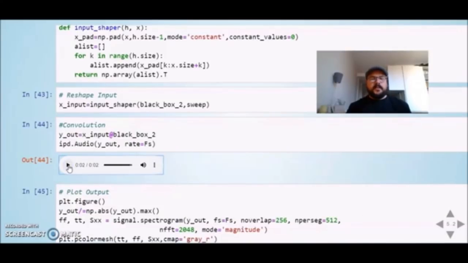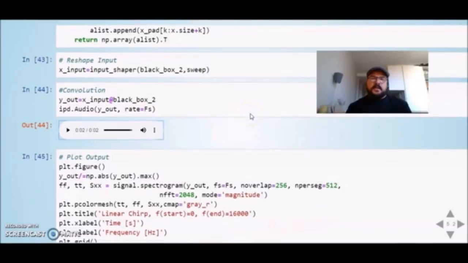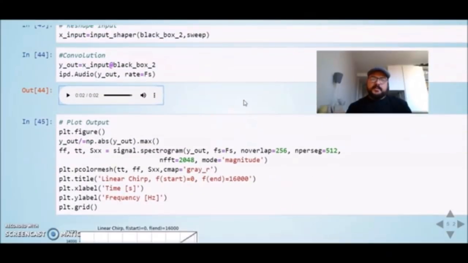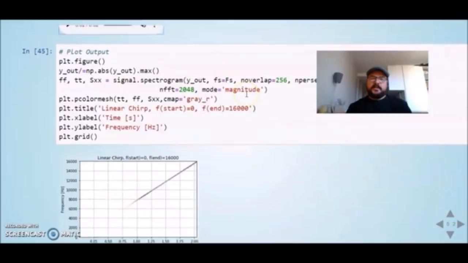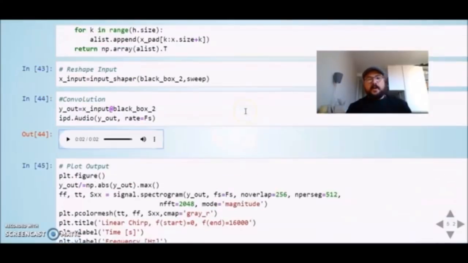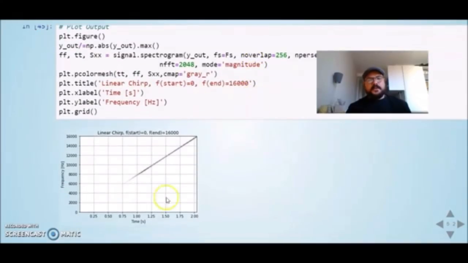So if you remember the sweeping sinusoid, you've seen here that it removed the low frequencies from the sweeping sinusoid. And in fact, if we plot a spectrogram of the output of this convolution, we see that it's attenuating the signals on the stop band, and then after the cutoff frequency, the signals are back to normal.